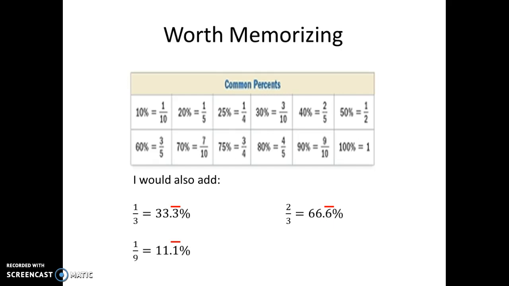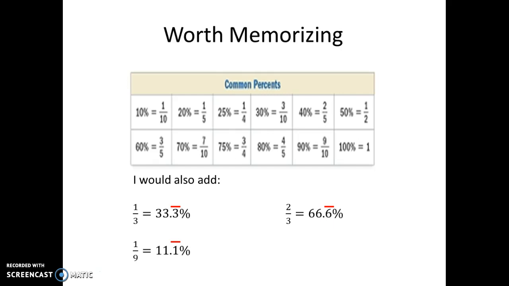Since 1/3 is 0.333 repeating forever, to write it as a percent, we do 33.3 repeating percent. 40%, 50%, 60%, and then 2/3 would fit in next. So 2/3 would be 66.6 repeating percent. 70%, 75, 80, 90, and 100%.